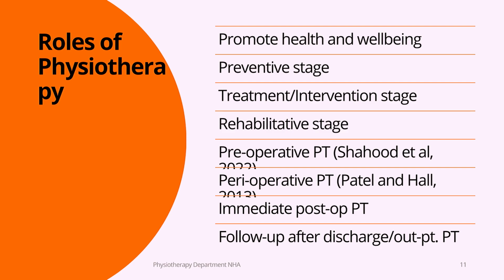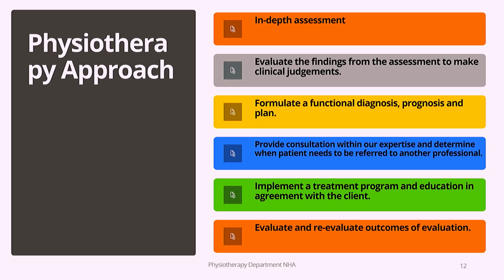Now, the physiotherapy approach. The first thing we do is to carry out an in-depth assessment of the patient. We'll do the subjective assessment and then the objective assessment. In the subjective assessment, we get the general history of the patient from the patient's point of view, and then we go to the objective assessment, where we carry out special tests, check for range of motion, muscle strength, and we use outcome measures.